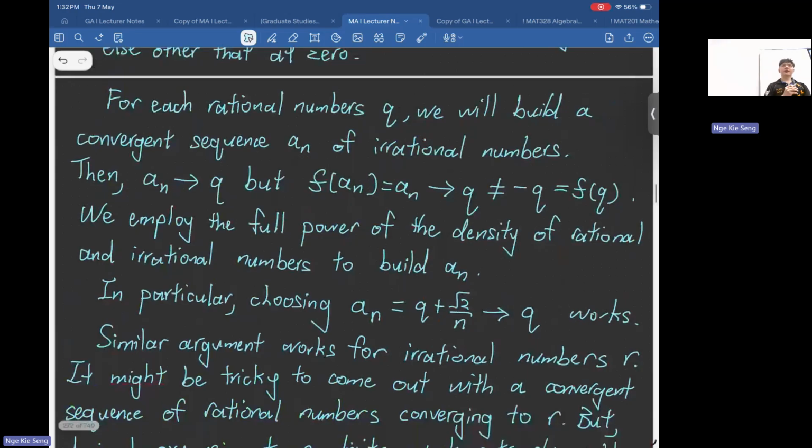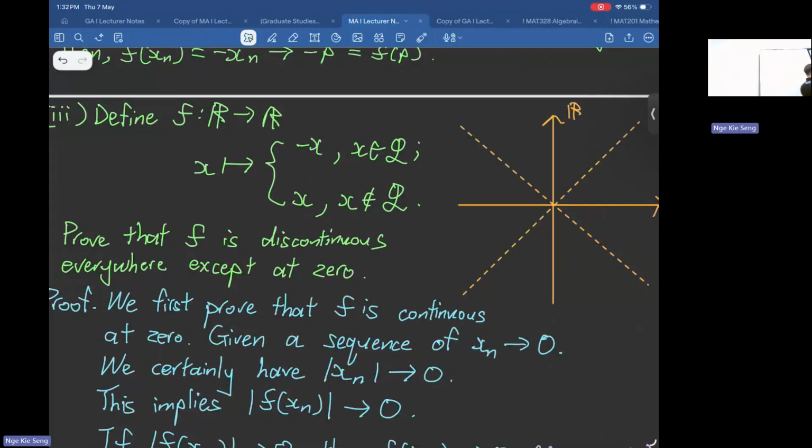Maybe I test you. Maybe I didn't tell you how to find the sequence that works. But what do you need to show? You have to show it is not continuous at a point that is not 0. Jinhan, maybe you try. How do you show a function is not continuous at a point? Not arbitrary, right?